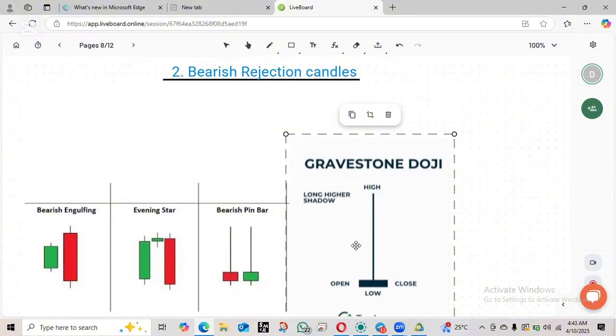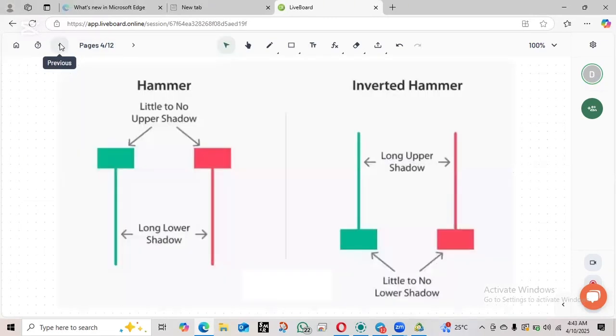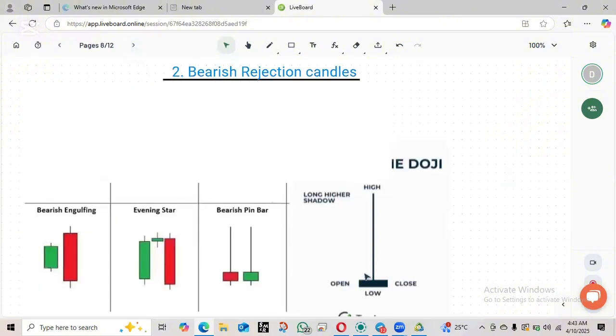This doji candle is factored into this bearish pin bar. The inverted hammer also, like I told you guys earlier, is factored into the bearish pin bar as well. So you have the engulfing candle, the evening star, and then the bearish pin bars here. That's it.